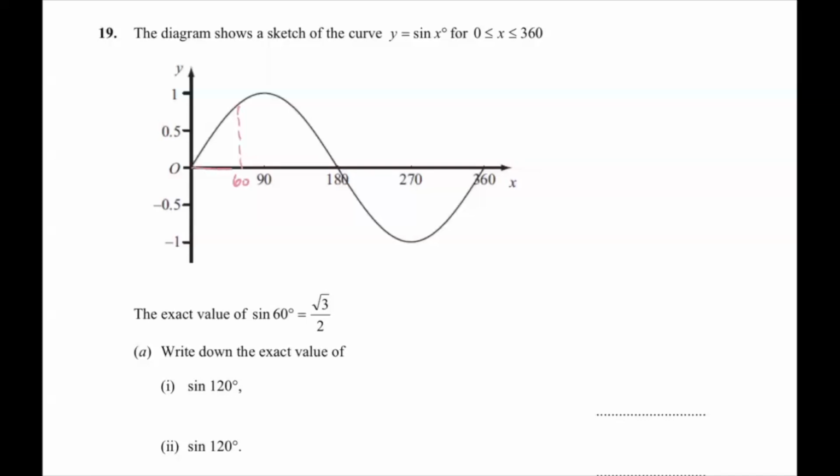I am 60 away from the 0. If I come in from the 180, 60, I will be at 120. So I will be at exactly the same place on the y-axis. So for sine 120, it will be √3/2 again.